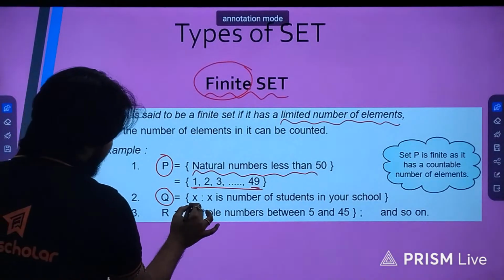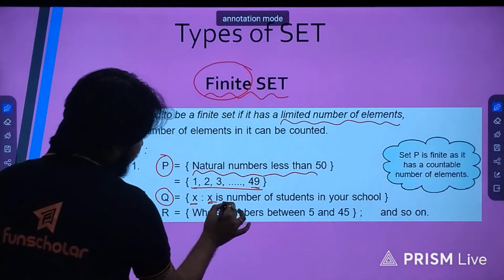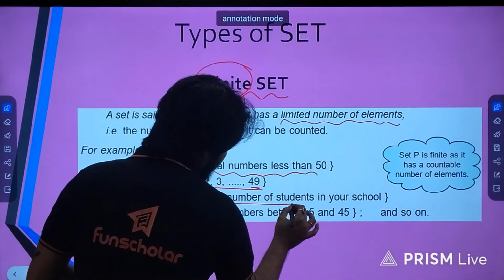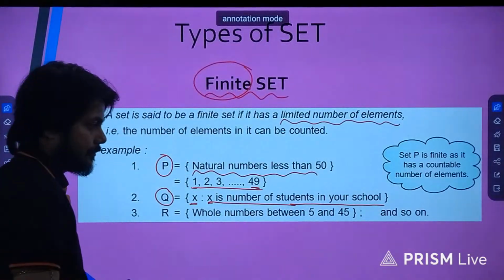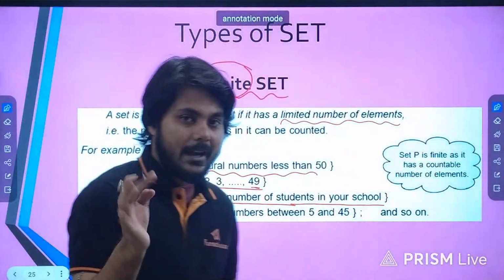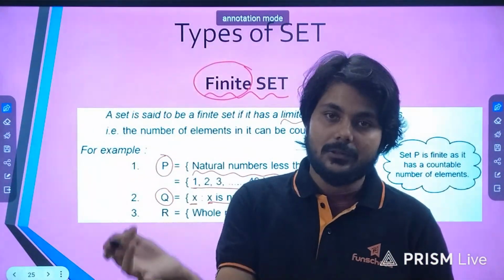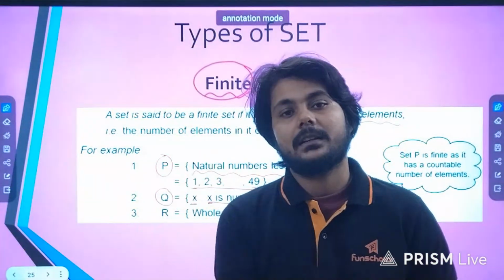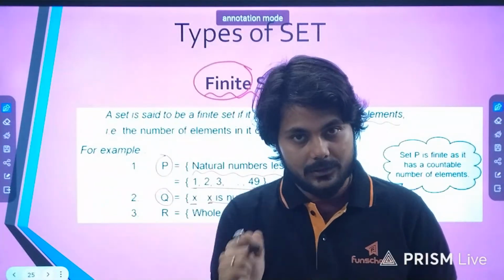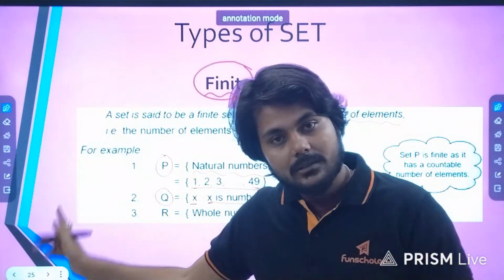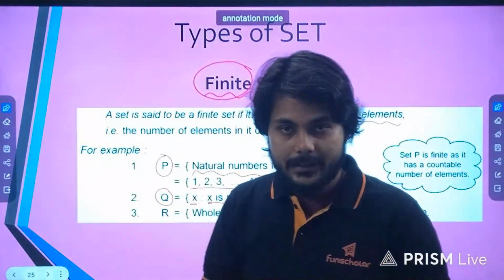Q equal to x such that x is the number of students in your school. You don't have an unlimited number of students in your school, so the number of students in your school is limited, and we will consider the total number of students of your school finite. So this is also a finite set.